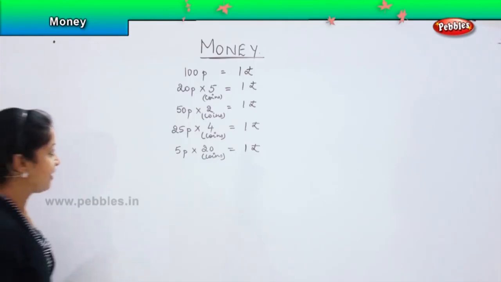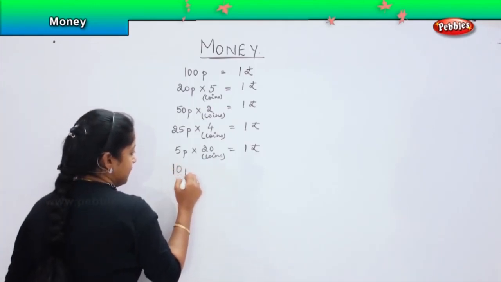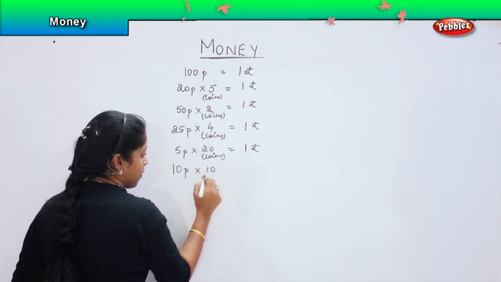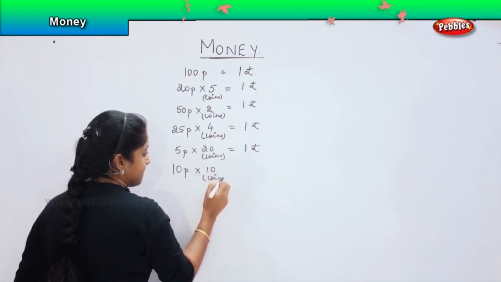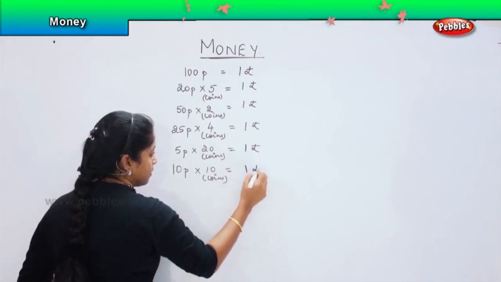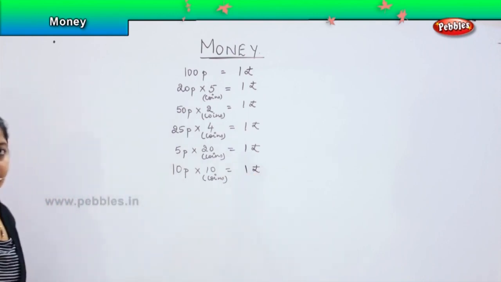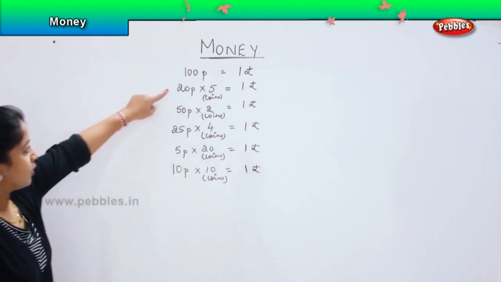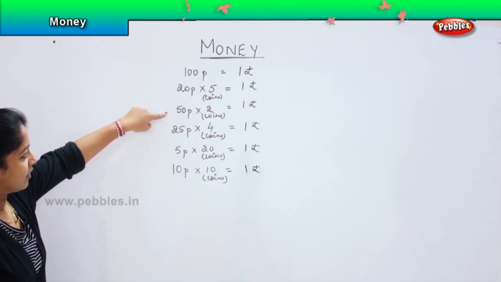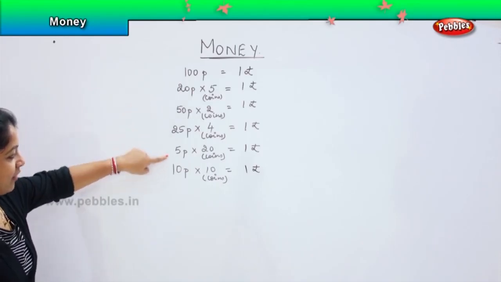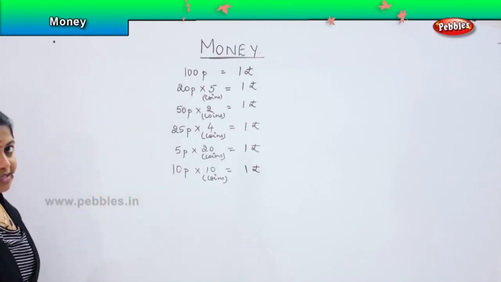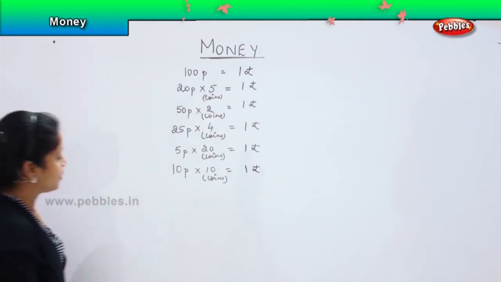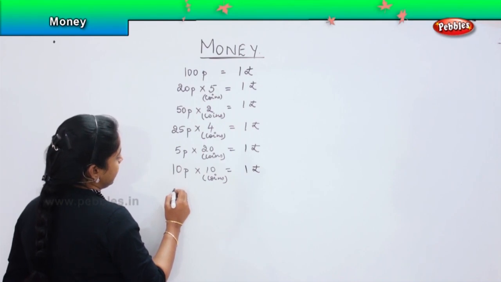Then what else is left? 10 paise, right? So 10 paise into 10 coins makes 1 rupee. What else is there? We have covered 20 paise, we have covered 50, 25, 5 and 10. Now what else is left? We have even covered 100, right? So which means that the last one is 2, right?